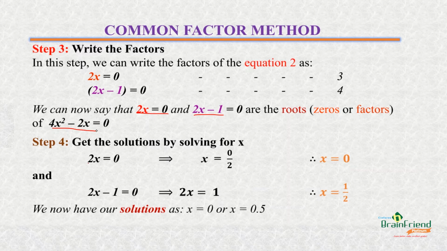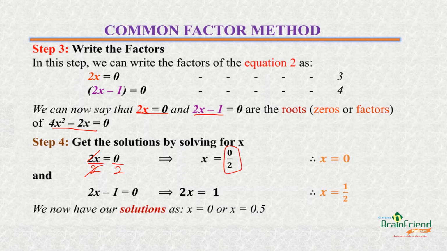If we do that, if we divide the left-hand side by 2 and the right-hand side by 2, we would have these 2 cancel out, and then we'll now have x is equal to 0 over 2. Recall from your basic mathematics that when you divide 0 by any number or multiply 0 with any number, the answer remains 0. Therefore, 0 divided by 2 here would give us the answer 0.